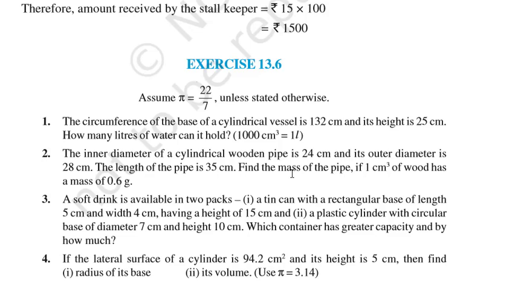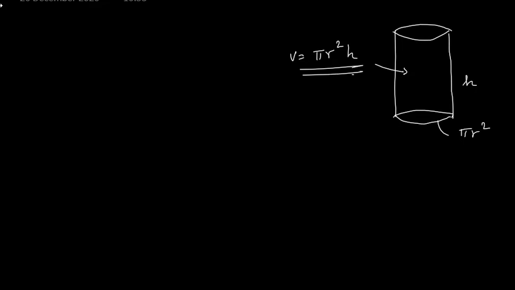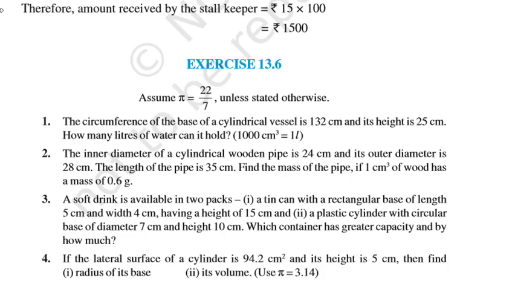Circumference of the base of cylindrical vessel is 132 and height is 25. So the first problem, 2 pi r, circumference of base is 2 pi r, it is given 132, and height h is given as 25 centimeter.